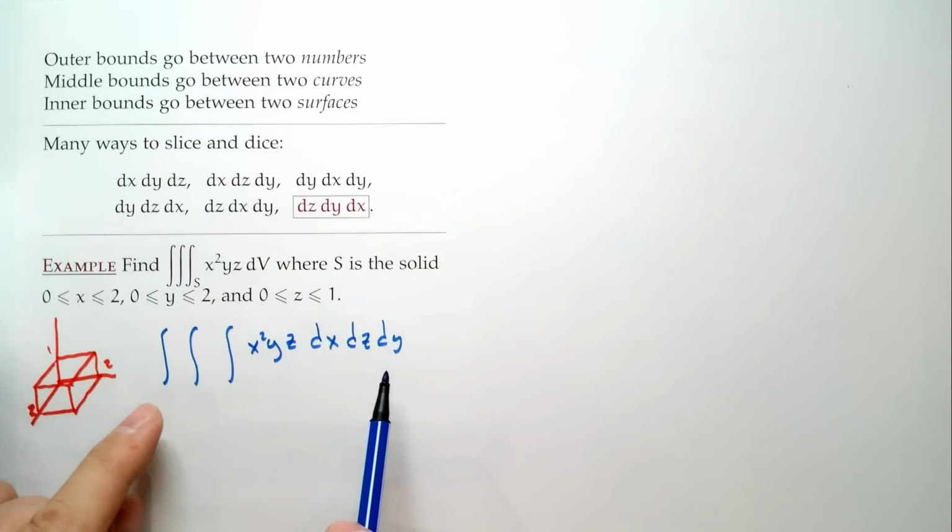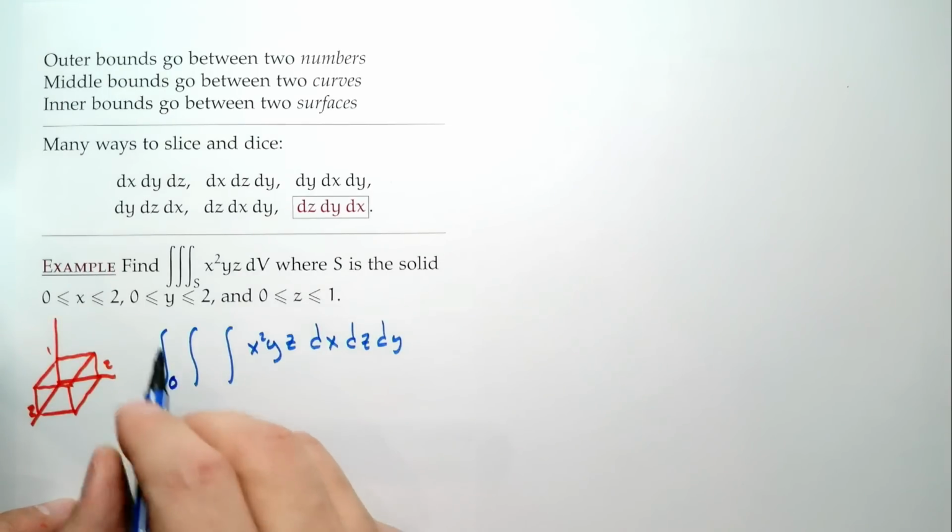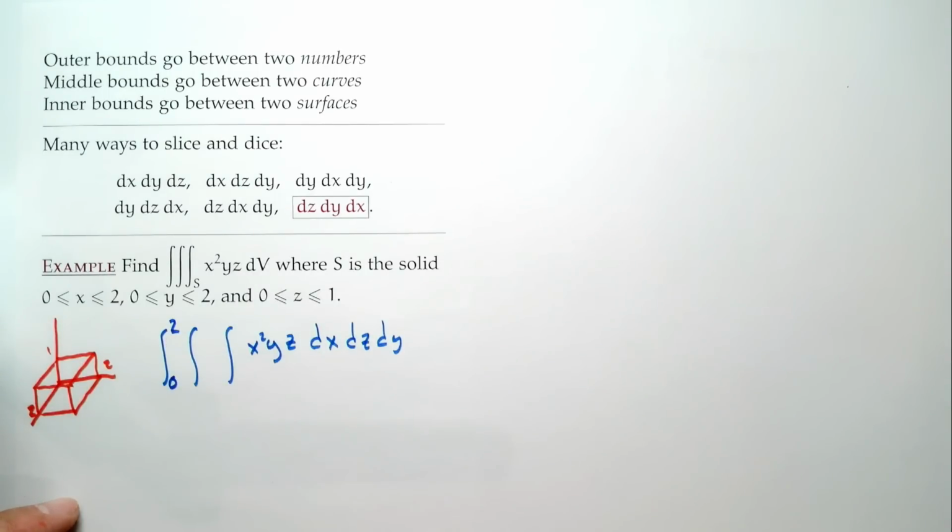Well, where does y go from? 0 to 2. Okay, so now I've fixed y. It doesn't really matter which y we pick, so maybe I pick this value of y. And now that I picked a value of y, when I look in that slice, I see a rectangle. Okay, it's a rectangle. Well, where does z go from in that rectangle?